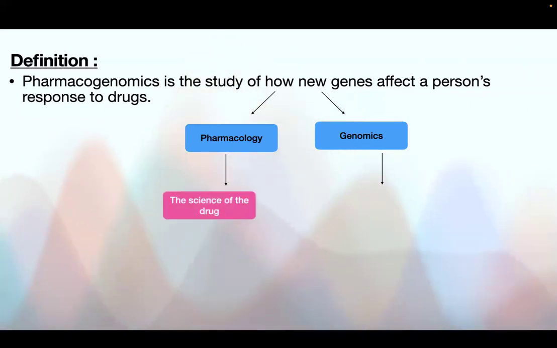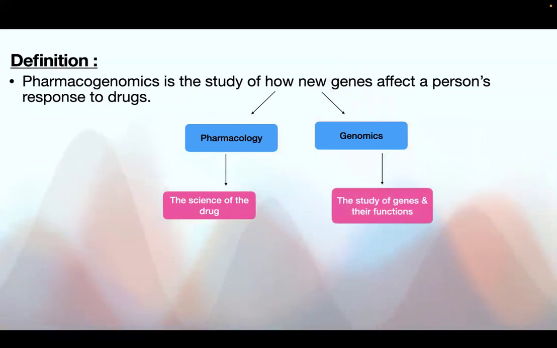Okay, so pharmacology means the science of the drug. You will have ADME and the drug response, what the body's response to the drug is, what the drug's response to the body is, the whole concept of kinetic and dynamic profile comes under pharmacology. Basically this is the science of the drug, and genomics is the study of genes and their functions in the body. It is not a response particularly to the drug, but genes are responsible for many other mechanisms also, which can directly or indirectly trigger your drug responses.